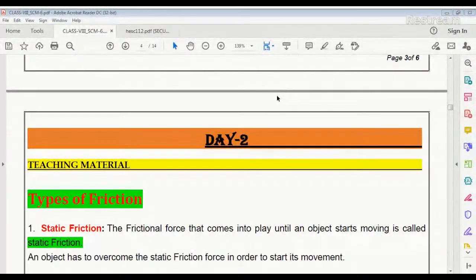Now, as you can see in this slide, what is static friction? Static friction is the frictional force that comes into play until an object starts moving.